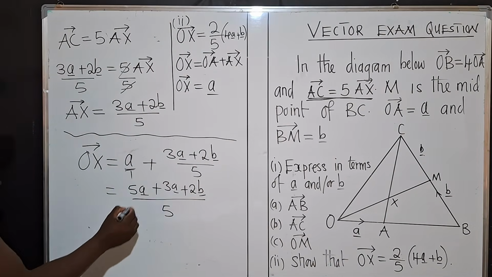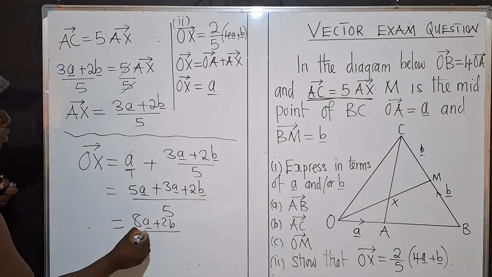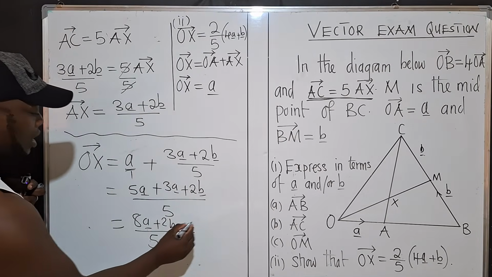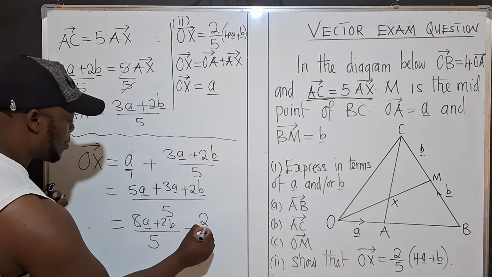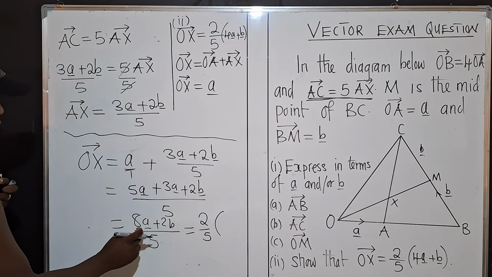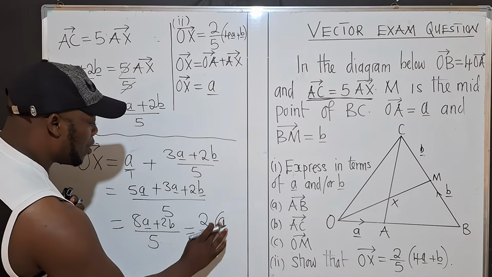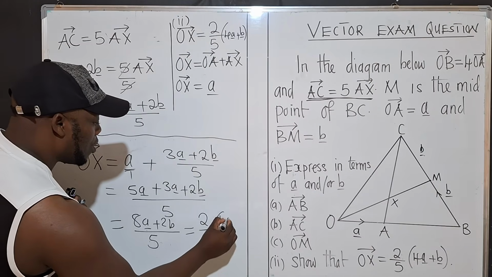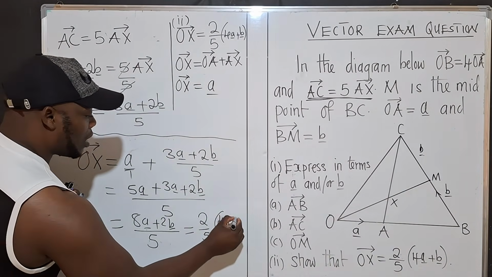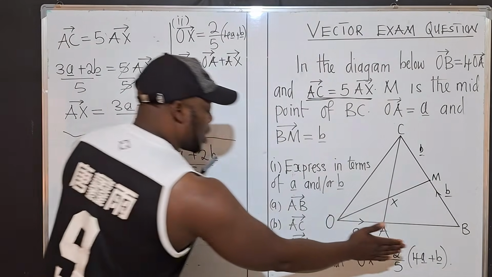We simplify, and this gives us 8a plus 2b over 5. We now factorize. What is common here is 2 over 5, so write 2 over 5 outside the brackets. 2 into 8a is 4a, and 2 into 2b is b. And this is how it looks. It looks like what we have here.